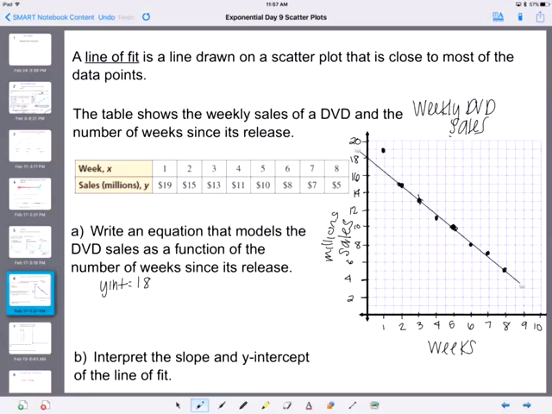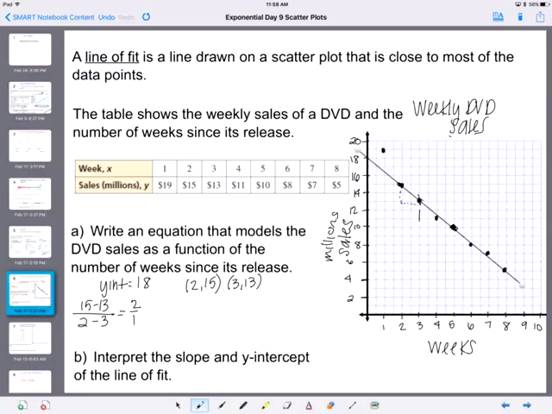So to go from 2, 15 to 3, 13, so (2, 15), (3, 13), we use our slope formula, so 15 minus 13 over 2 minus 3 equals 2 over 1.